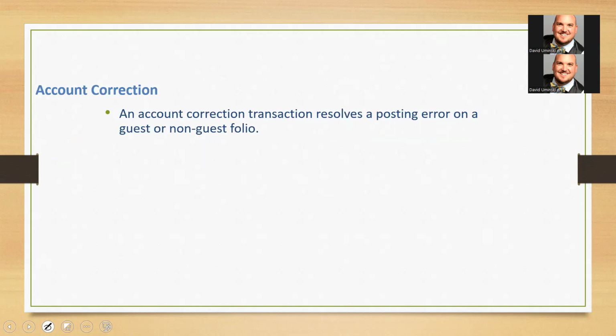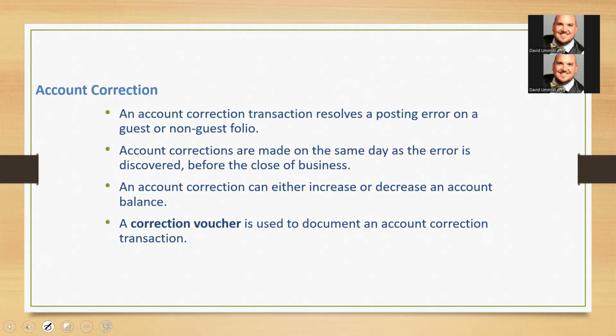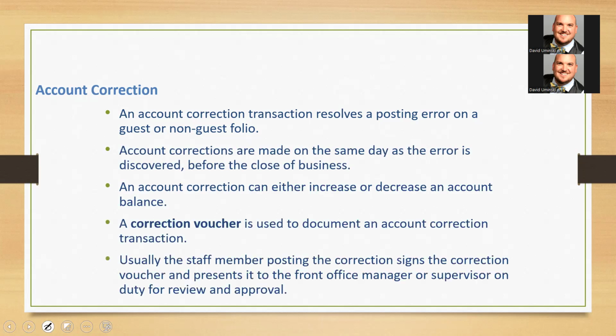Okay. Sometimes we have to do account corrections. Meaning, let's say this has happened before. We have a conference of teachers coming in, and some people forget to give you their tax exempt form when you check in. And then they go to check out 2 days later, and they're like, oh no, I shouldn't be paying taxes because I'm a teacher and I'm tax exempt. Here's my form.